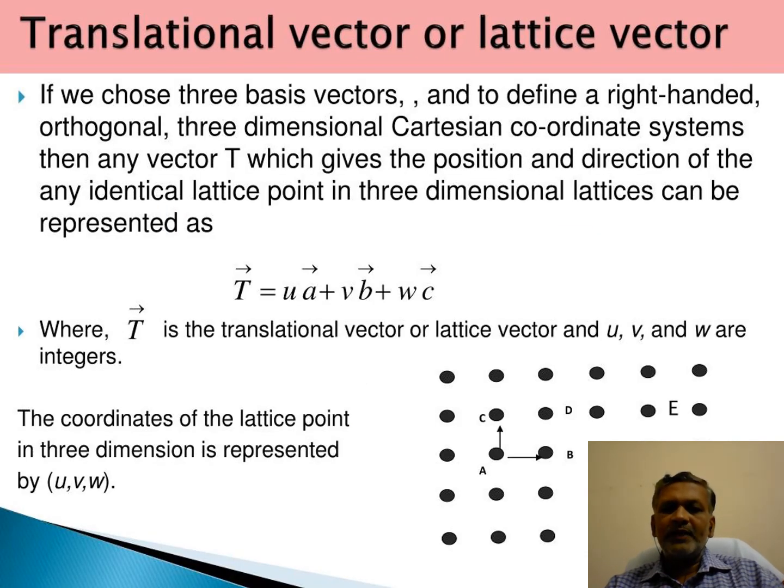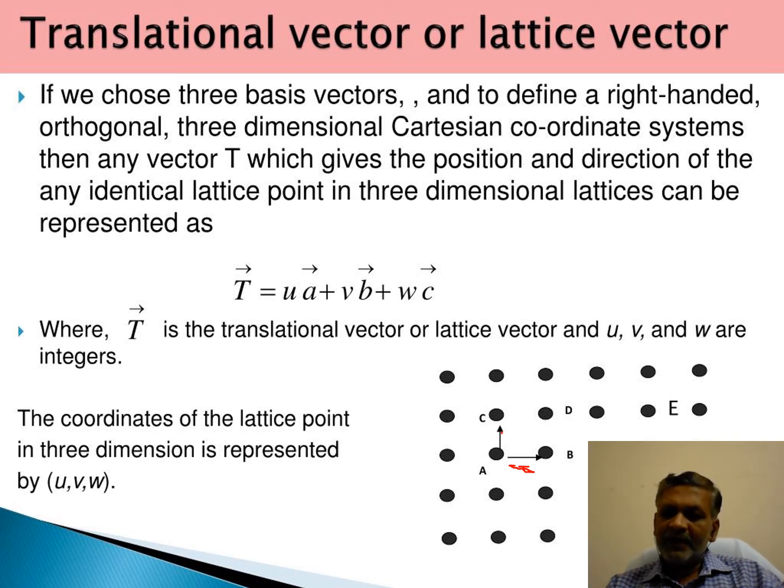Now we want to explain what we mean by the translation vector. Suppose this is one of the lattices. This lattice has x-axis, y-axis, and z-axis. The unit vectors along the x-axis is a, along the y-axis is b, and along the z-axis is c.